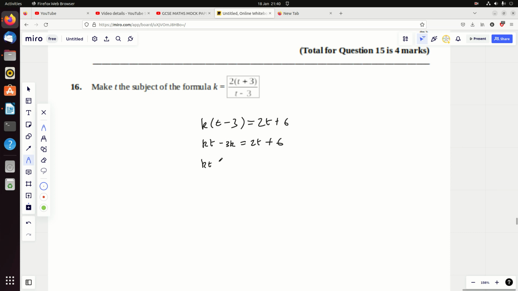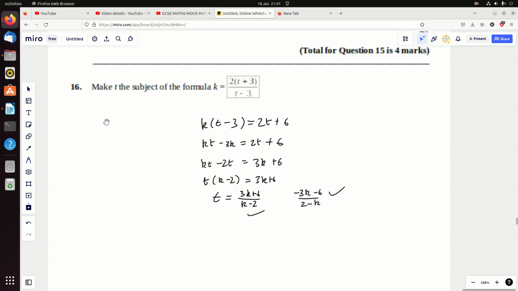So I'm going to make this kt minus 2t, so I'm moving that over there, equals 3k plus 6. And therefore, factorize out the t, k minus 2 times t equals 3k plus 6, divide it across, t is 3k plus 6 over k minus 2. By the way, if you had minus 3k minus 6 over 2 minus k, that is also correct. But okay, next one.